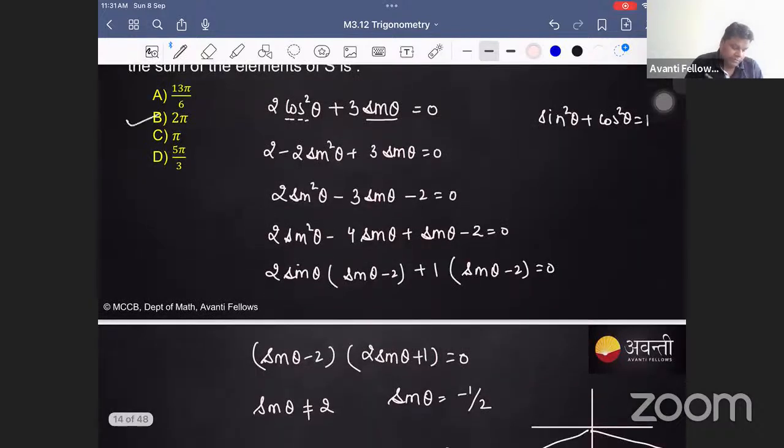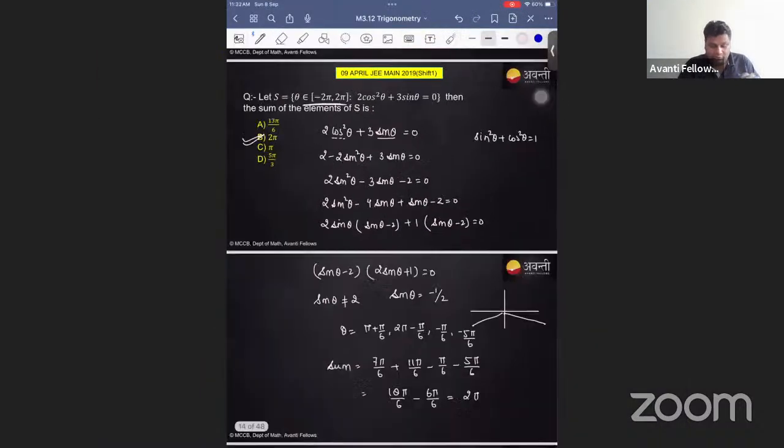So your answer is option B. Very good question and simple also. Have a look. Got it?